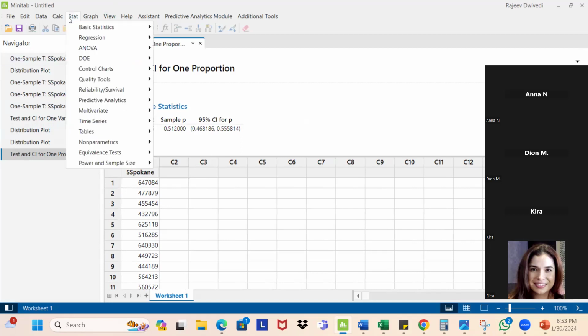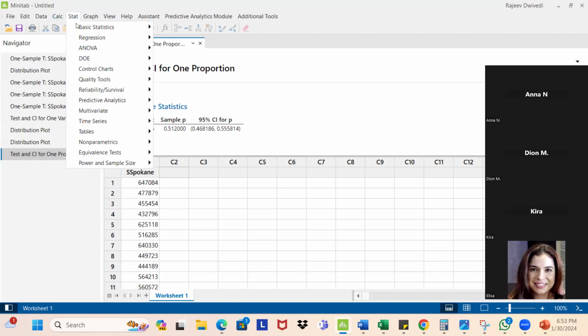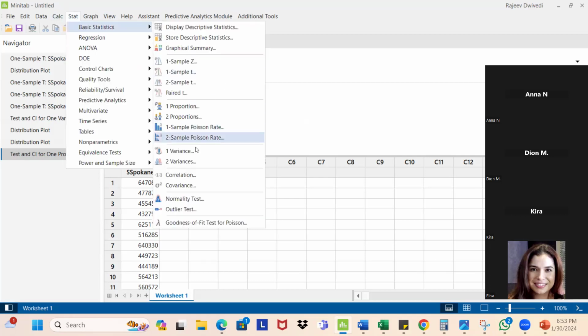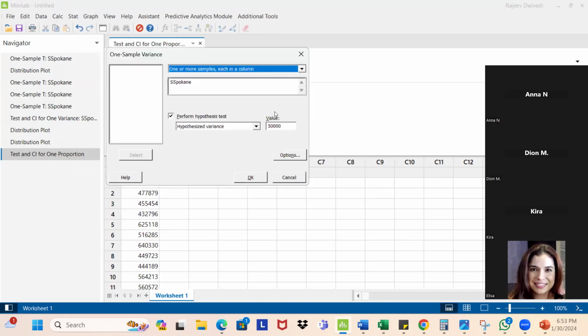I assume here I was claiming that 500,000 is the mean average price of my neighborhood. Now I'm claiming that the variance in housing prices would be about 50,000. So I go under basic statistics, same one variance, and I collect it.